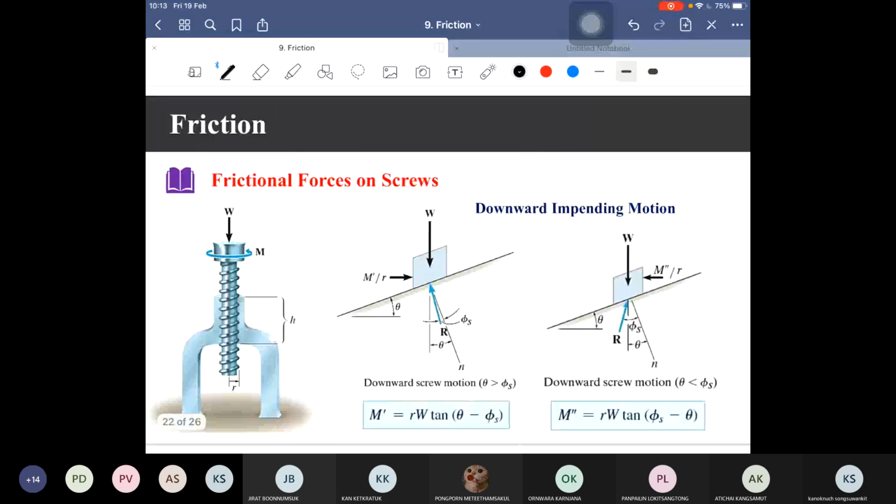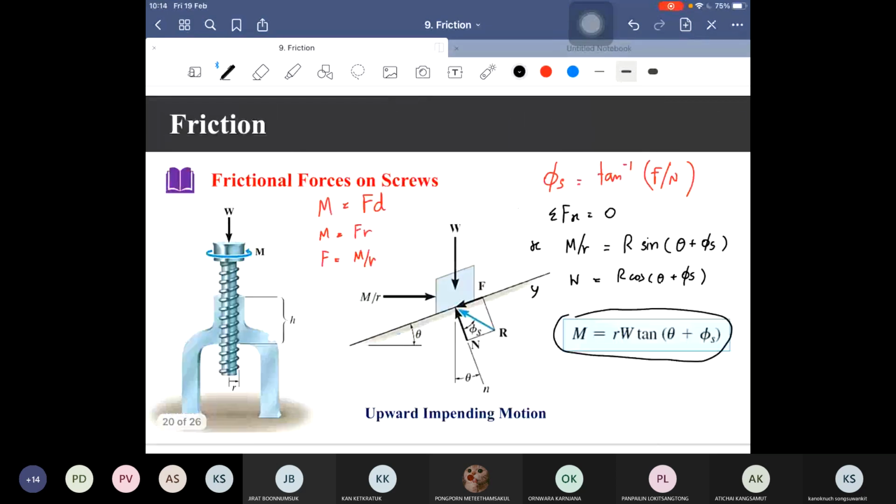Phi s is the angle between the normal force N and frictional force F.